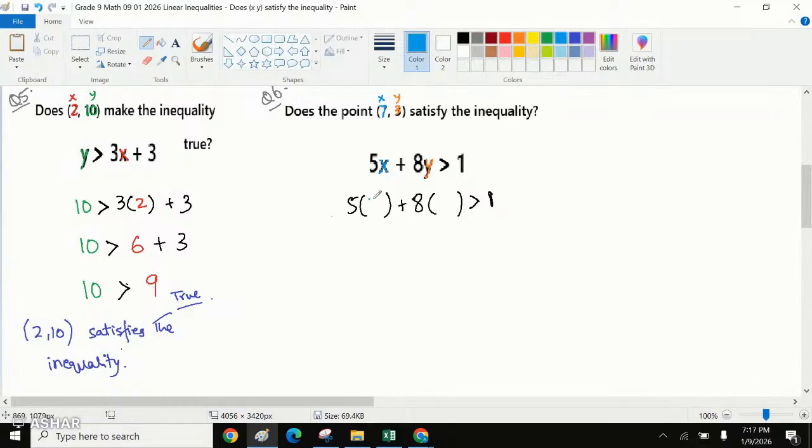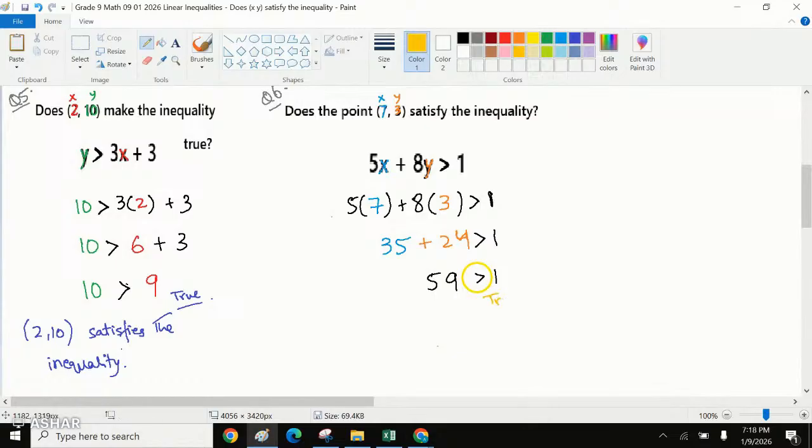X was 7 and y was 3. 7 times 5 is 35, which shows it's already greater, right? But let's simplify. Plus 24. 35 plus 24 is 59, which is greater than 1. Is this statement true? Is 59 greater than 1? Yes, it is true, right?